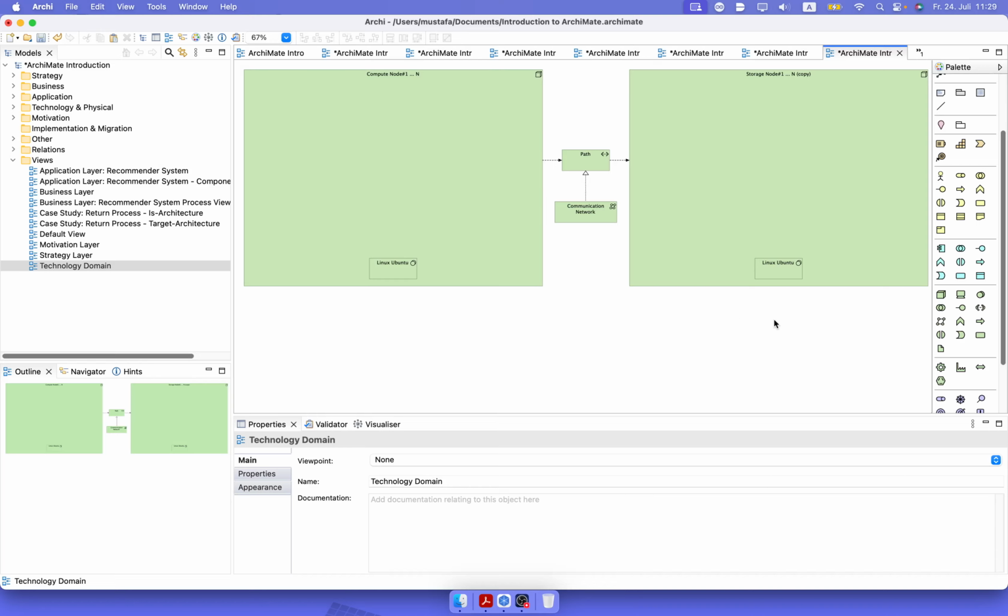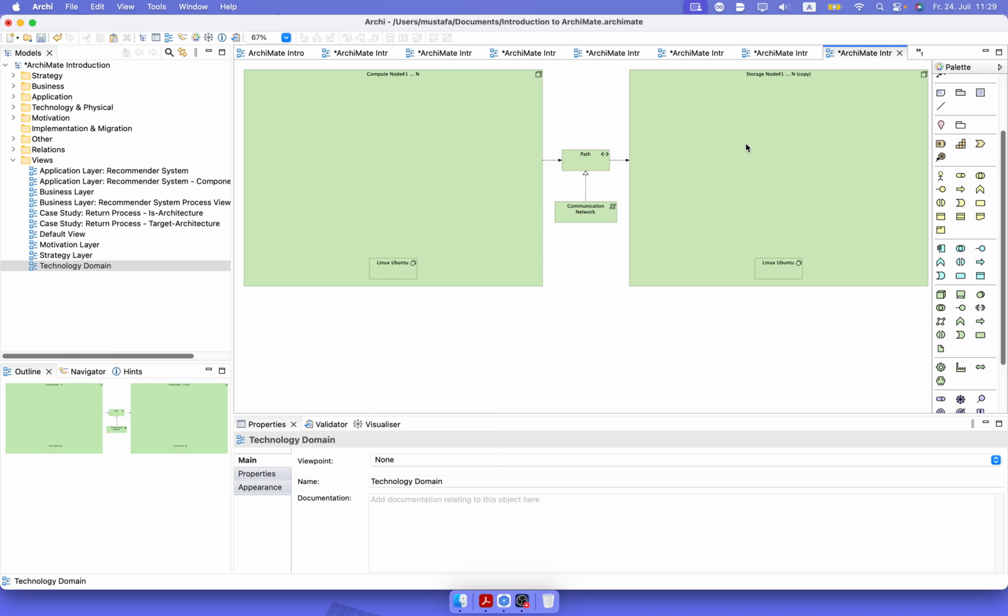But in continuous architecture, you do it the other way around. Of course, you start with the architecture and then build up the teams needed to implement it. So here, with Linux Ubuntu, you need some Linux administration skills in the background so that you can manage this cloud or infrastructure.